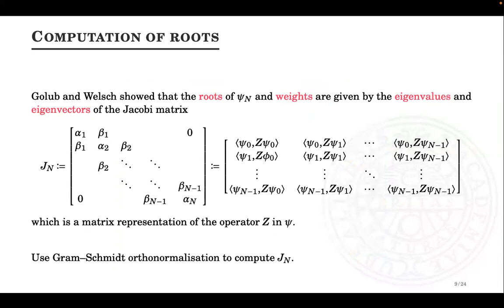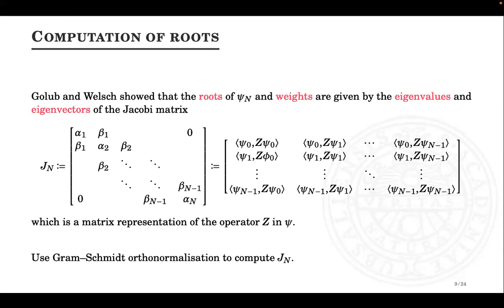A very classical result from Golub and Welsch is that the roots we want to compute are essentially given by the eigendecomposition of the so-called Jacobi matrix. The Jacobi matrix is the aggregation of the three-term recurrence coefficients of the orthogonal polynomials, alpha and beta, if you recall from the previous slides.